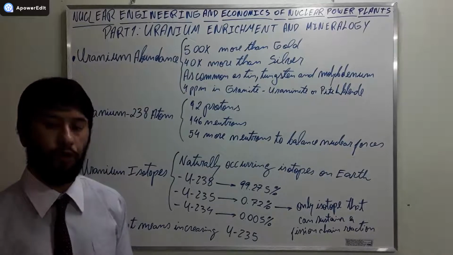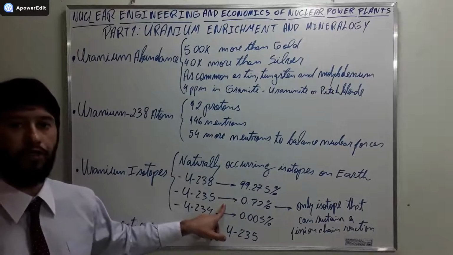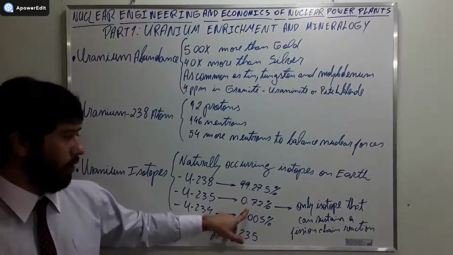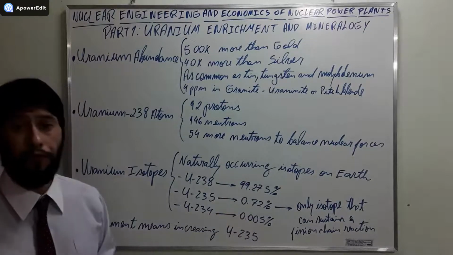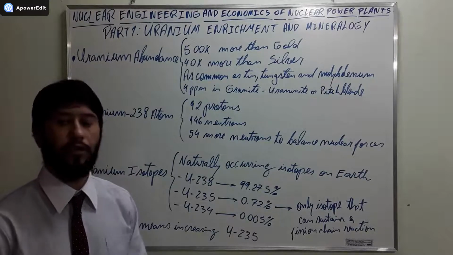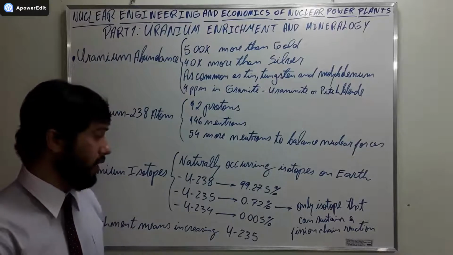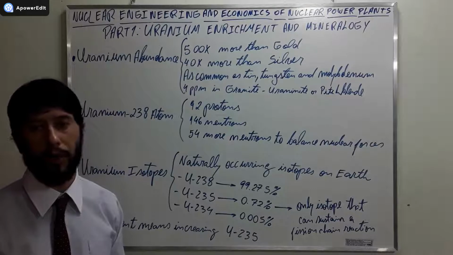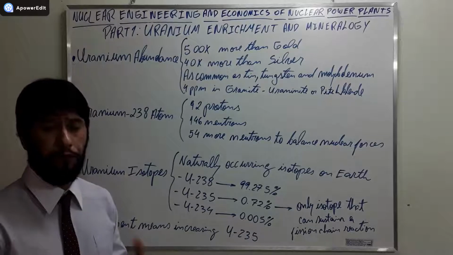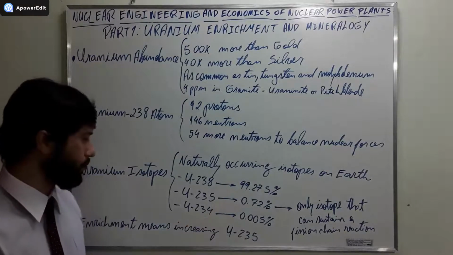To enrich uranium means to increase the concentration of uranium-235 from 0.72% that occurs naturally to 5% for nuclear power plants, or 8% or 90% for nuclear weapons. But here we are interested in nuclear power plants, and in nuclear power plants uranium is enriched to 5% of uranium-235.